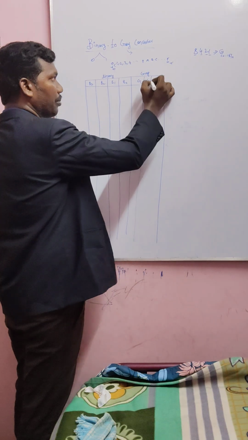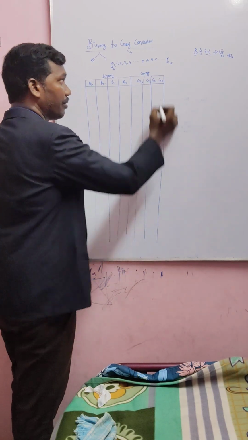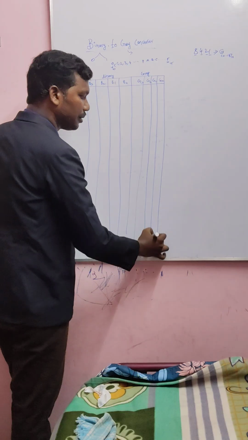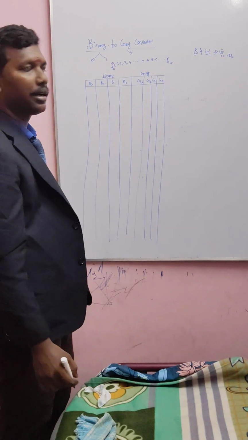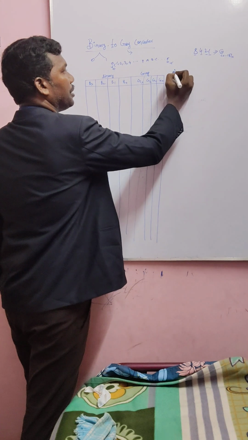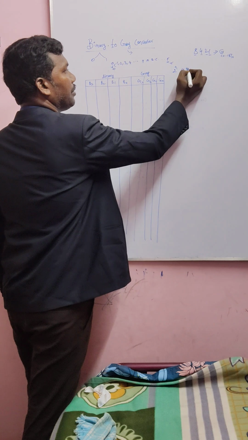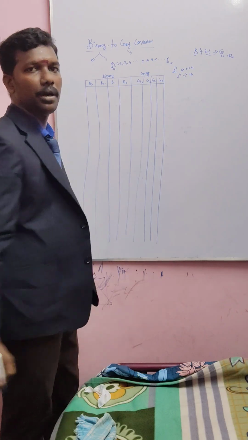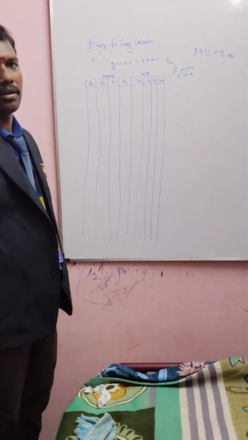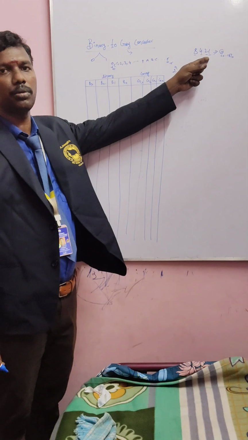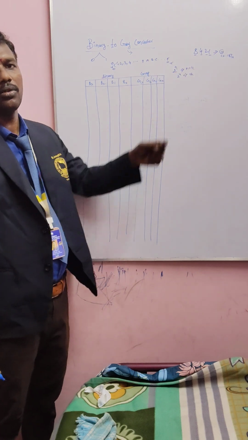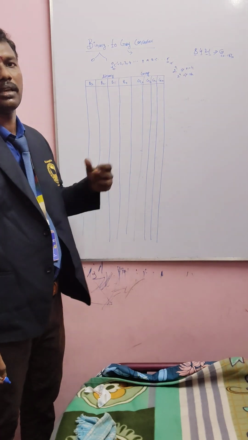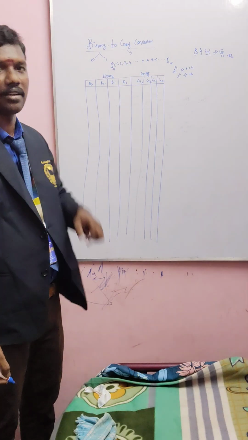So totally what happens is the basic combination. Everybody knows that 2 power n is the formula for finding the number of combinations, right? If n is equal to 4, so 2 power 4, totally 16 combinations will come. How the combinations come, everybody knows that we substitute zeros and ones in the 8421 positionally, and the sum of the values will be the equivalent decimal number, followed by the hexadecimal number.